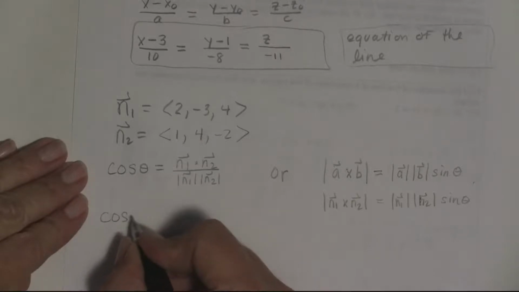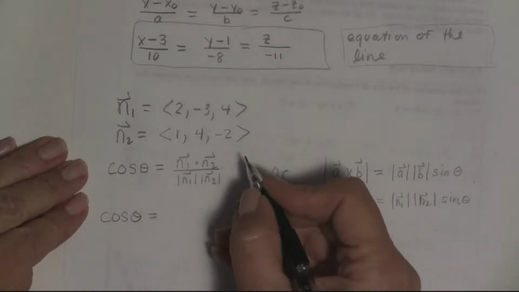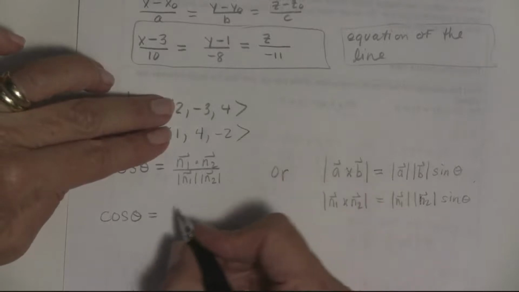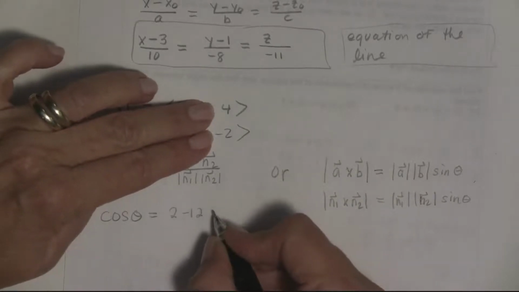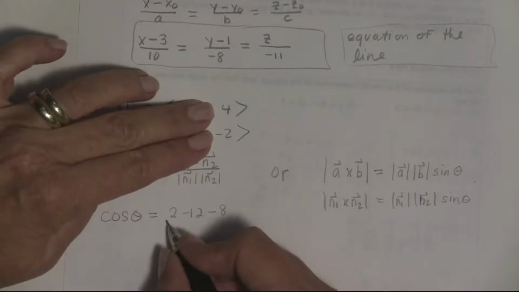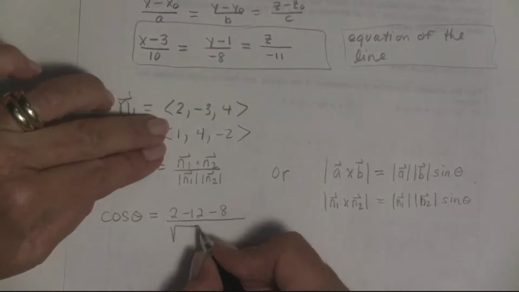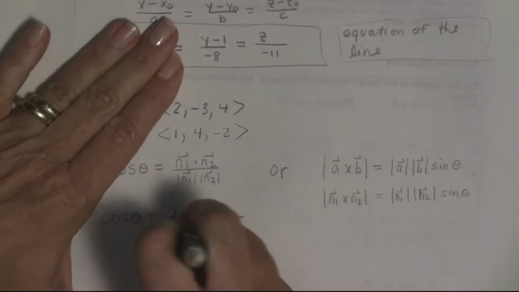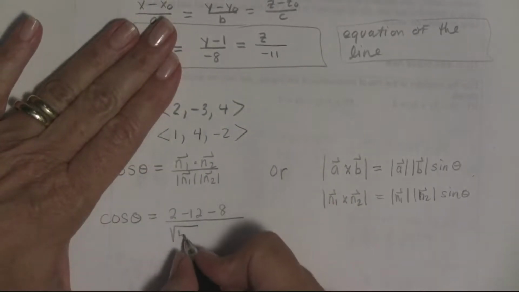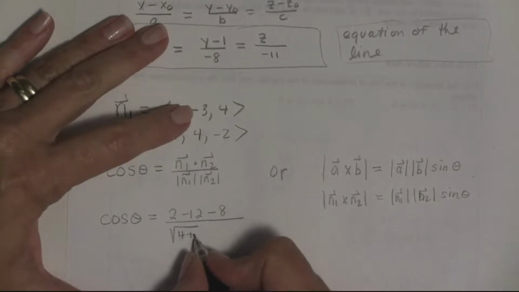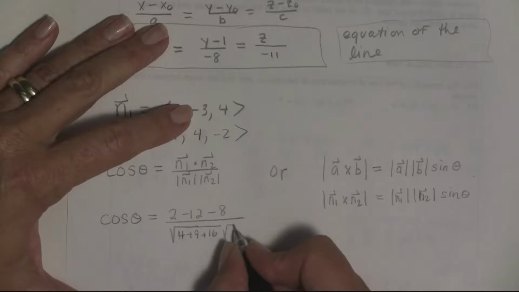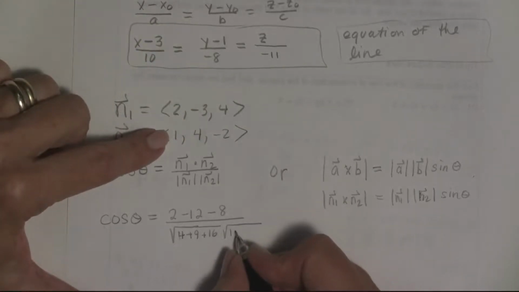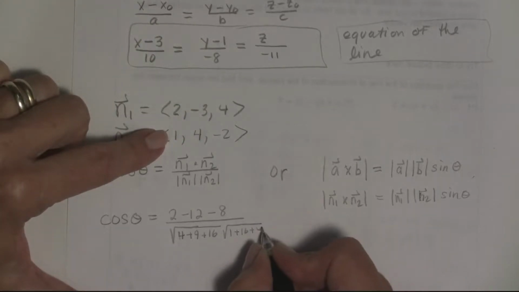So cosine of theta, this used exactly double the room that I gave you. 2 minus 12, it's really nice when you line them up, minus 8, and then over, I'm going to do the top one first. So 2 squared is 4. Squaring that is 9. Remember, no signs. Plus 16. And 1 and 16 and 4.